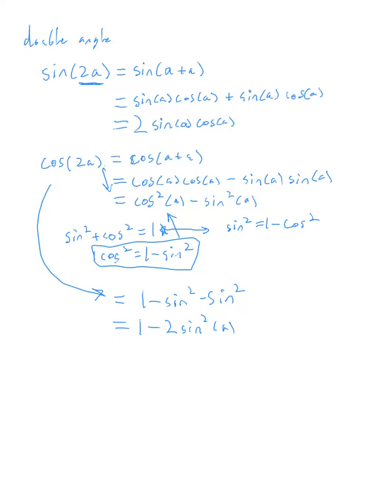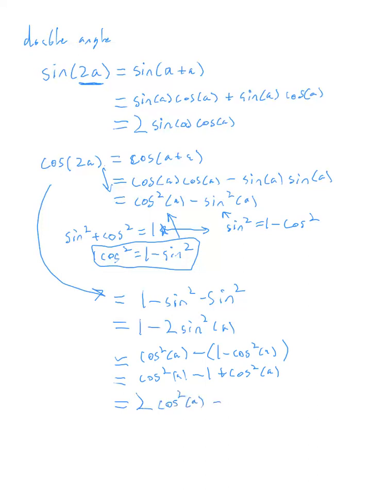So then here I can replace this sine squared with 1 minus cosine squared to get that my double angle for cosine is also cosine squared of A minus 1 minus cosine squared of A. And once I distribute the negative to both parts, this is cosine squared of A minus 1 plus cosine squared of A. So if I have 2 cosine squareds, then I can just write that as 2 times cosine squared of A minus 1.